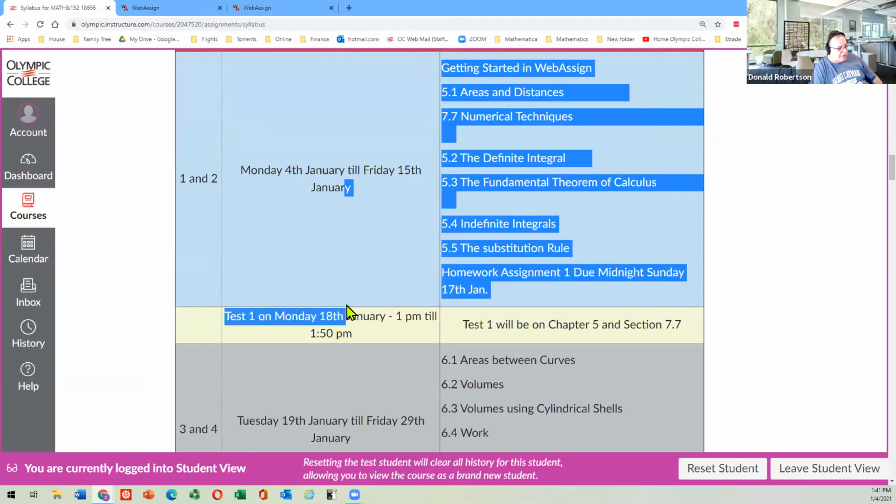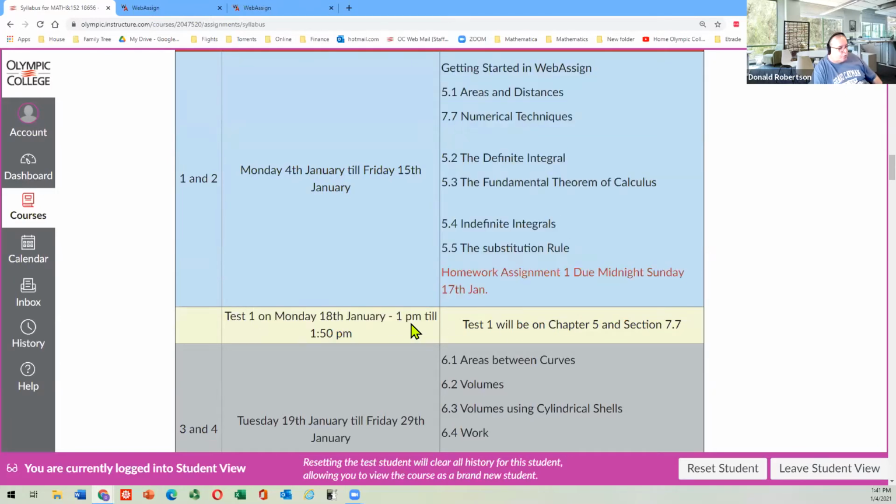And then on Monday the 18th, we have a test. So you've got until Monday the 18th to get a webcam. If you don't have a webcam and you can't afford one, if you contact the college, they can issue you with a loaner, so that you can use it. And the information to do that is in Canvas as well.